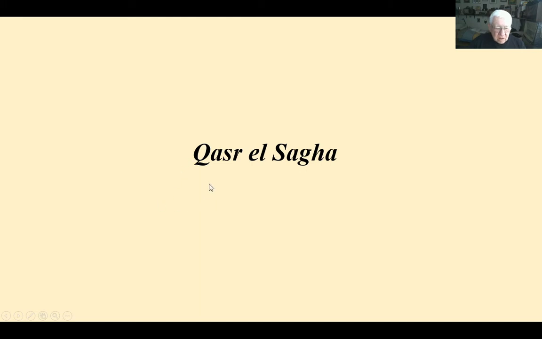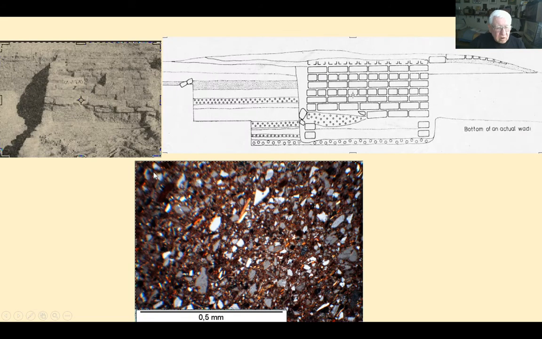And Kasr el-Sagha: we did excavation in Kasr el-Sagha from 1980 up to 1985, and during this examination a wall made of dried bricks was discovered in Kasr el-Sagha.